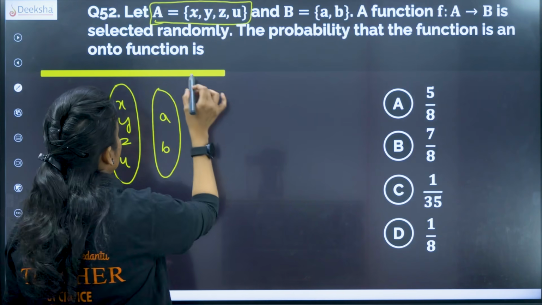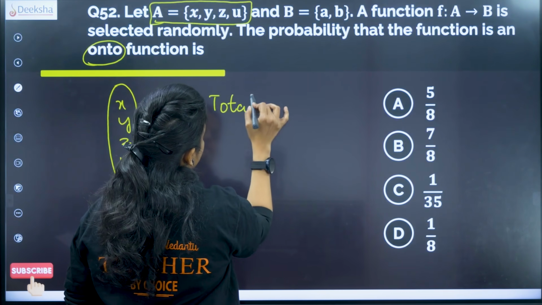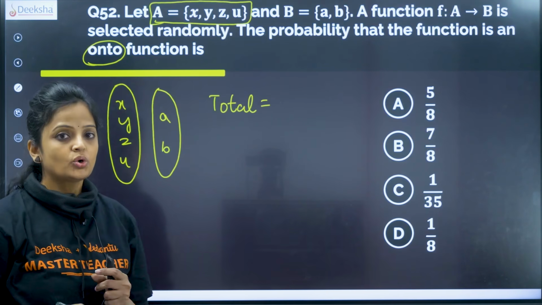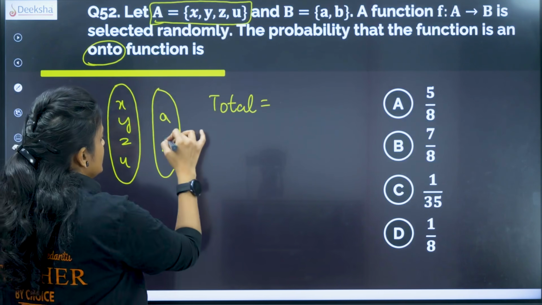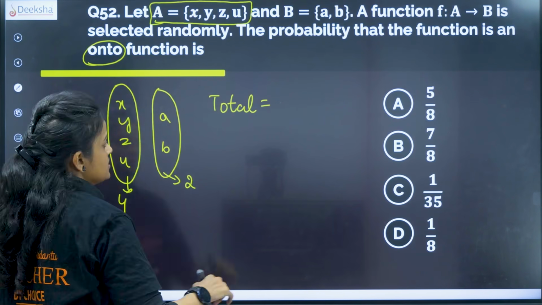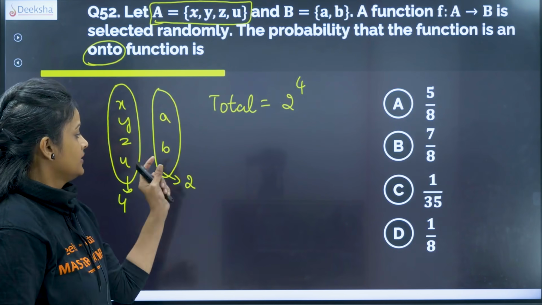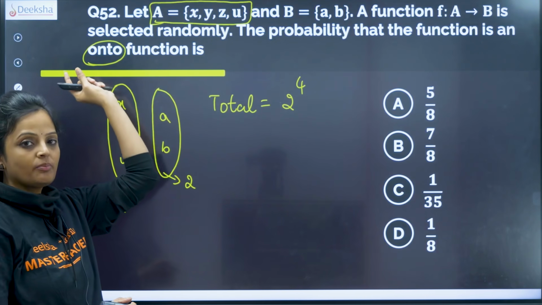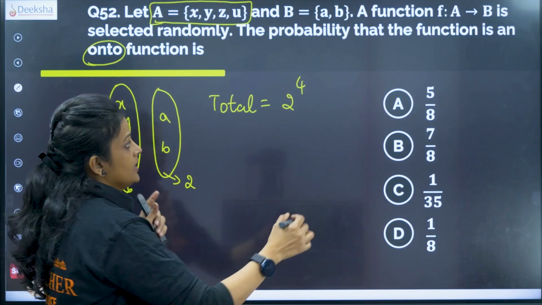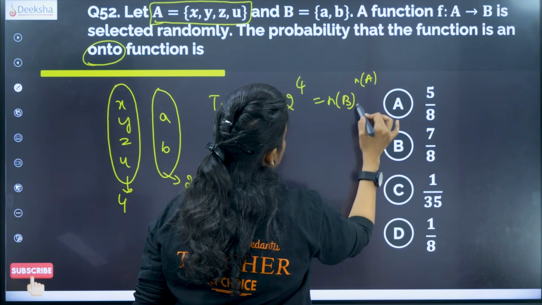Okay, so what I do for onto, first I'll get the total. Take the total functions. Here we have 2 elements, here we have 4 elements. So what I get is 2 raised to 4. This is the total. So n of B to the power of n of A, you remember that, that will give you 16.